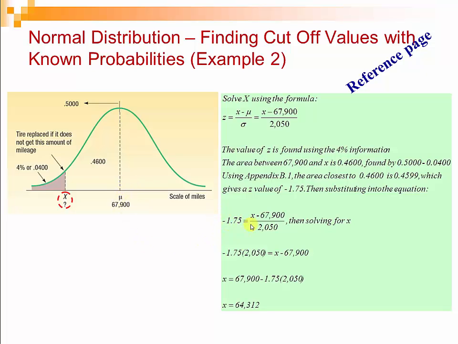So then we put that negative 1.75 into our equation, and we solve for x using algebra. We move everything around, so we take 2050 and multiply that by both sides. Then we add 67,900 to both sides, so we get x equals 67,900 minus 1.75 times 2050, or x equals 64,312 miles that we're looking for.